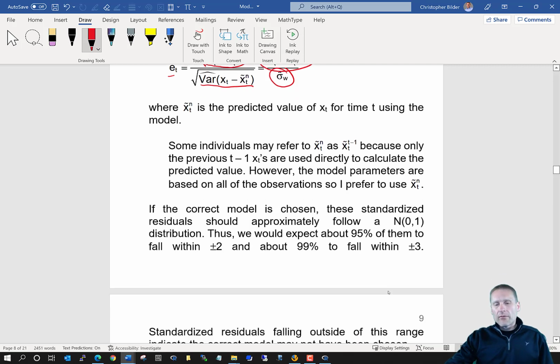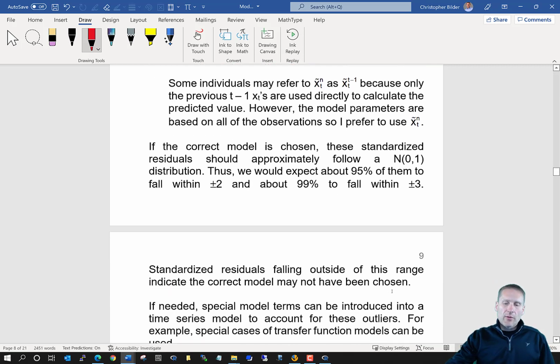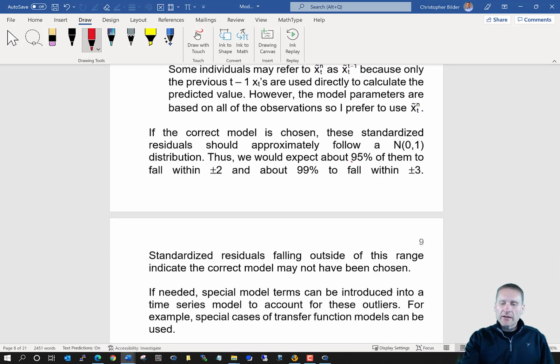So using that standard normal approximation, we would expect about 95% of these standardized residuals to be within plus or minus 1.96, or let's just say 2. We would expect about 99% of them to fall within about plus or minus 3. So, now, let me back up.